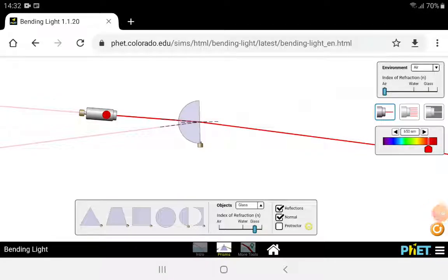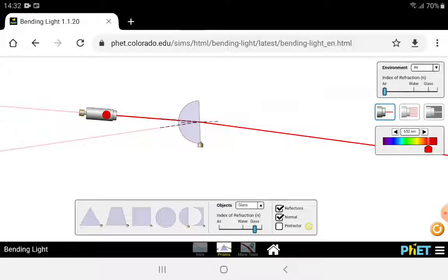Back again, we have the semicircular object, and we're going to change the internal reflection by changing the circular shape.